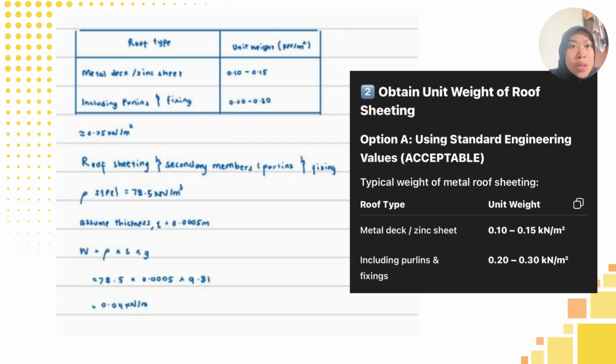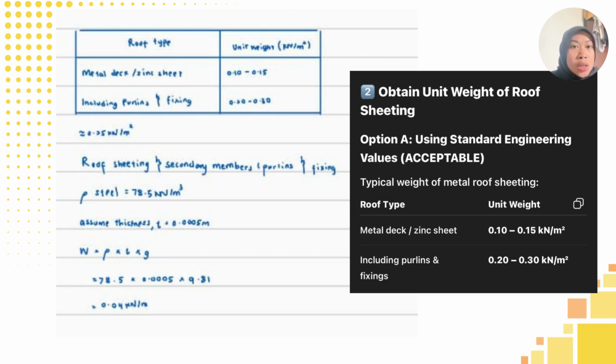For the roof type, it is a metal deck with a unit weight in the range of 0.10 to 0.15, and including purlins and finishing, it is from 0.20 to 0.30. So I choose the total weight for the roof as 0.25 kilonewton per meter cube. As for the roof sheeting and secondary members, there are no purlins included in my calculation.